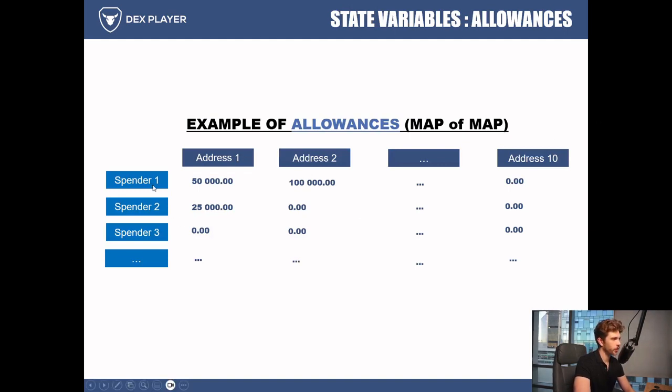The first key of the dictionary is spender 1, and the value is all these keys and values, address 1, address 2, all the way up to address 10. The second key of this dictionary is spender 2, and the value of spender 2 is this dictionary, the collection of the keys and values of address 1, address 2, all the way up to address 10.